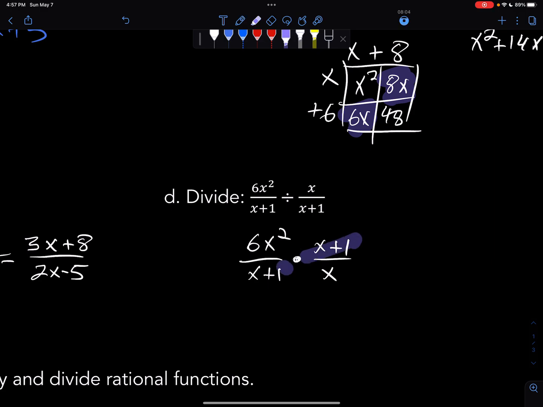We can cancel those x plus 1s. And then we can cancel this squared right up here with this x right down here. So what we have left is 6x. That's it, over 1, which is just 6x.